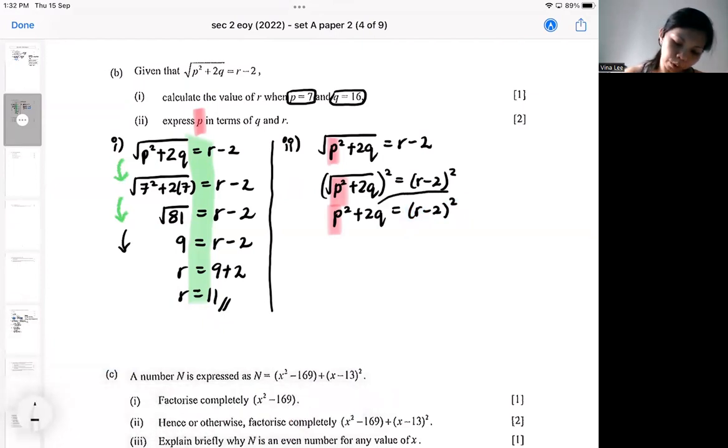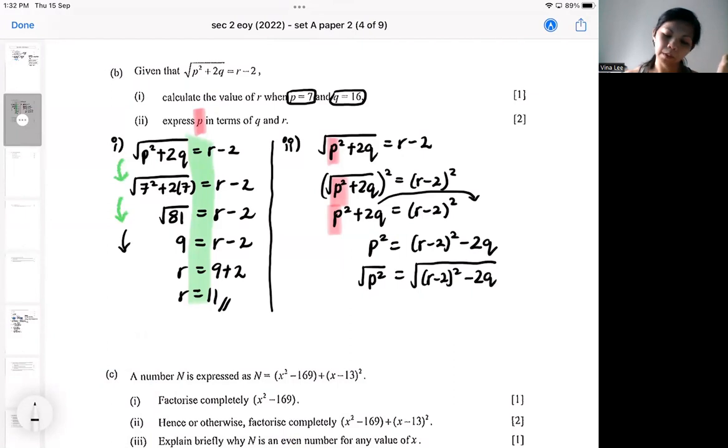I'm going to move the 2Q over. Then I'm going to square root both sides. The square root will come with plus minus. The square root will remove the square. So that's the answer.